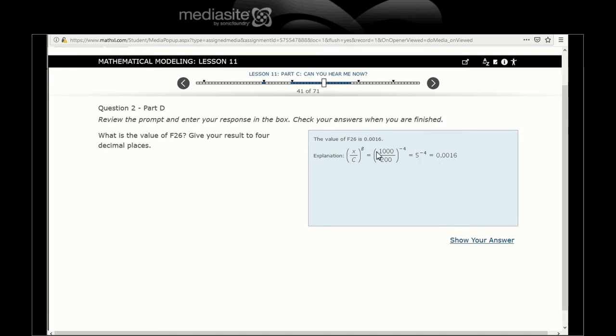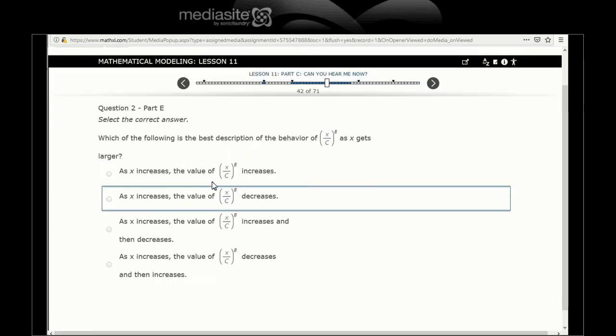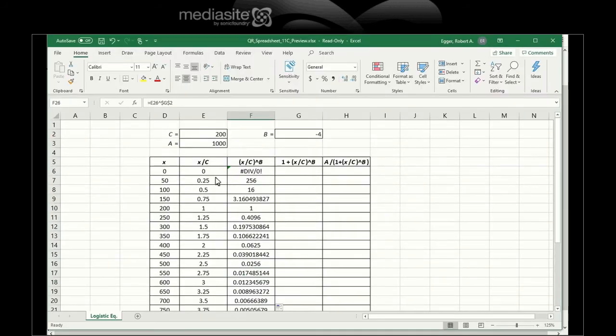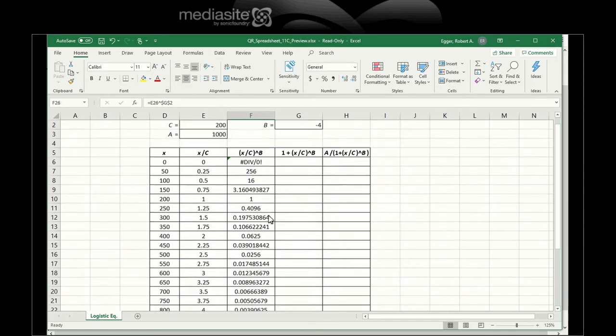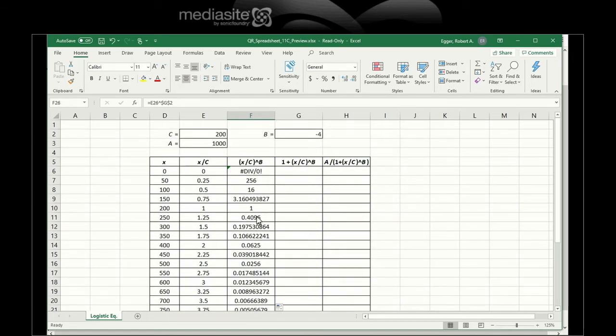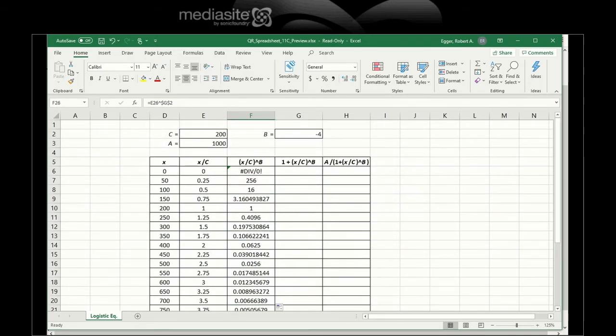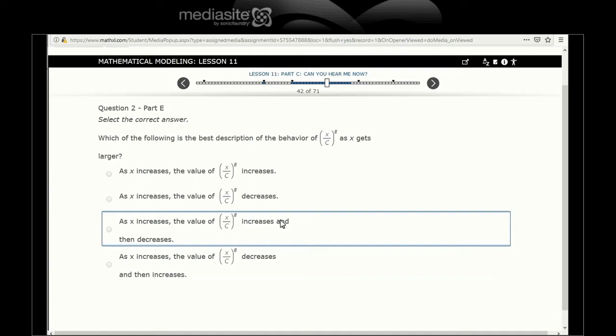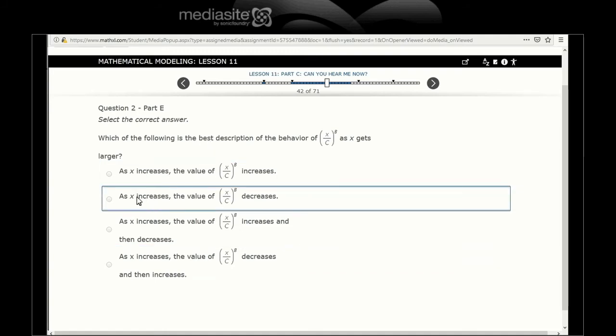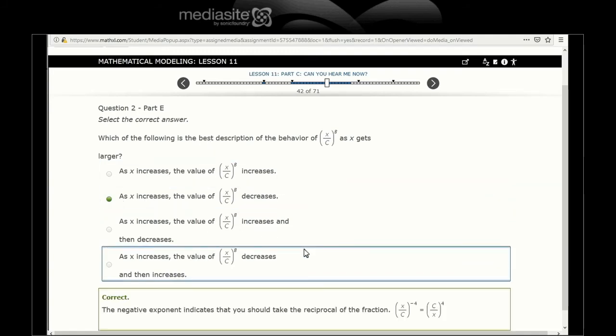Which of the following best describes the behavior? Well, let's see. As x gets bigger, it looks like (x over c) to the b gets smaller. As x increases, the value decreases.